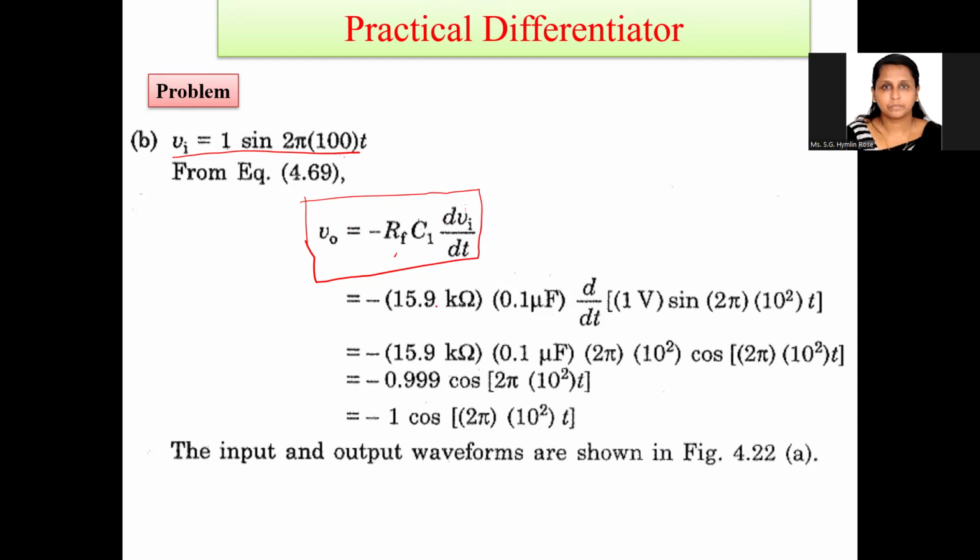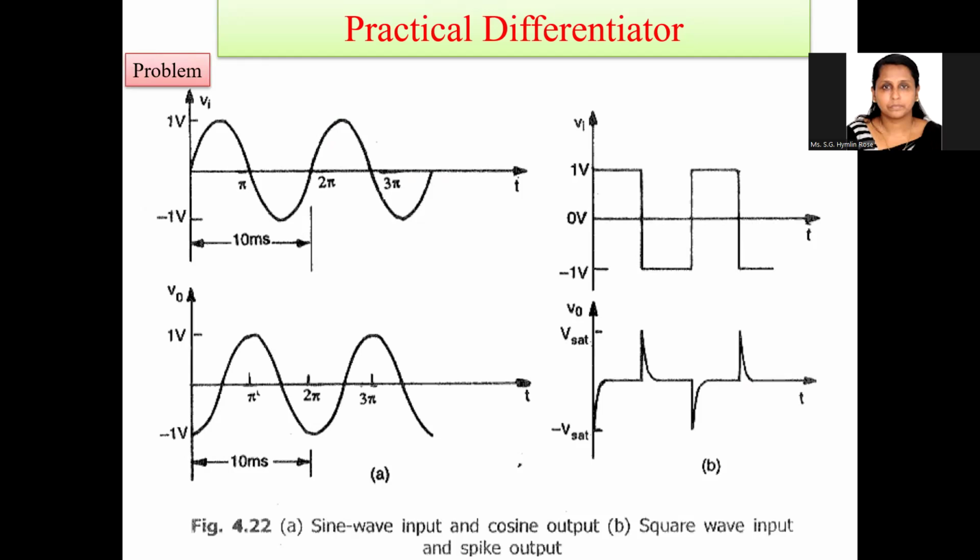So RF is 15.9 kilo ohm, C1 is 0.1 microfarad, d by dt of 1 into sine 2 pi into 10 power 2 t. The differentiation of sine is cos, and 2 pi into 10 power 2 comes out. Simplifying, you will get 0.99 cos 2 pi 10 power 2 t, with a minus sign, that is minus cosine. Your output will be of this form: a sinusoidal input gives an inverted cosine signal. That is your output waveform. Sine wave input, cosine wave output.